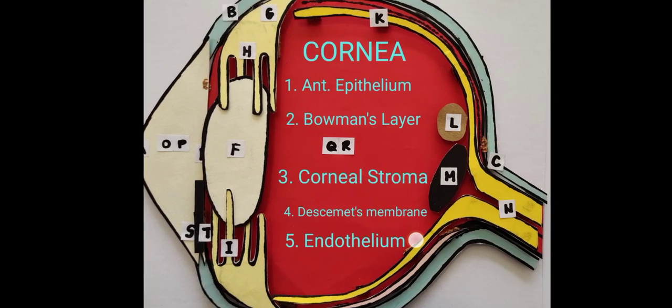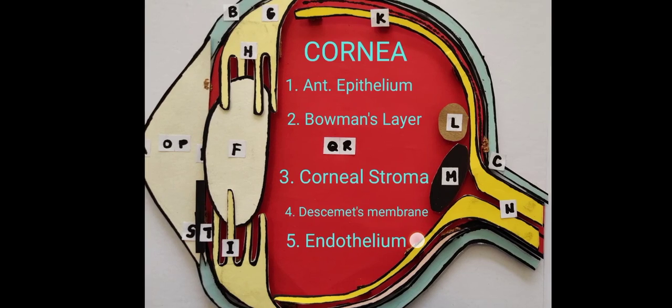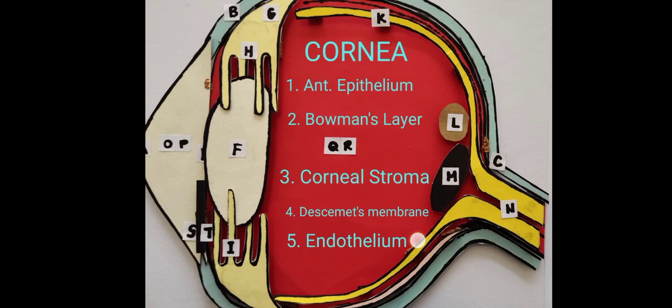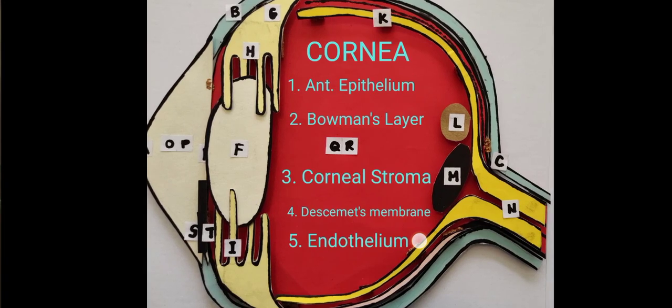Now, this cornea has very important characteristics. First, it is transparent. Number two, it is avascular. When you say transparent, that means it is a medium wherein light can pass through, unlike a medium that is translucent or opaque like the sclera, which does not allow light to pass through freely.